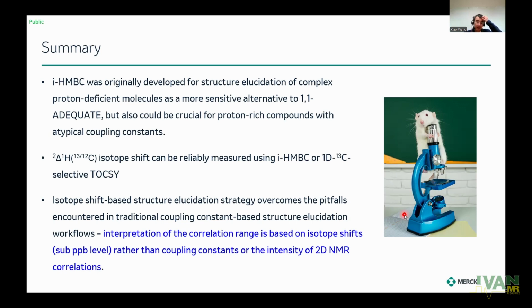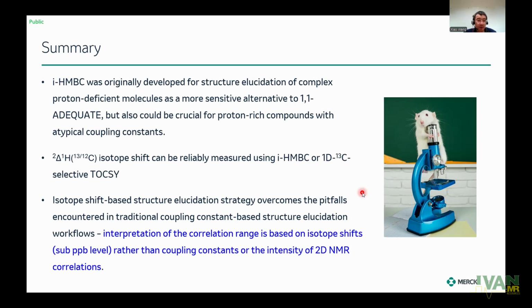The most important thing is that we can now obtain this tiny isotope shift very accurately. Then we can use this isotope shift information to solve structures and build the carbon-carbon bonds independently of coupling constants. Experiment-wise, i-HMBC and TOCSY are very similar to conventional NMR experiments. The signal you observe is also related to the coupling constants because it undergoes the same magnetization transfers.